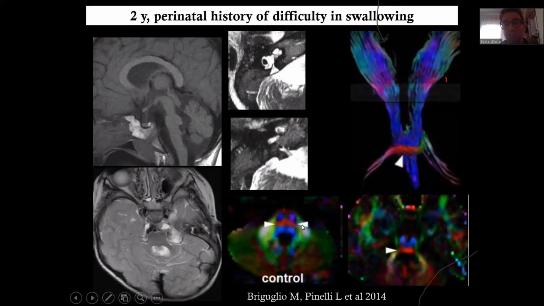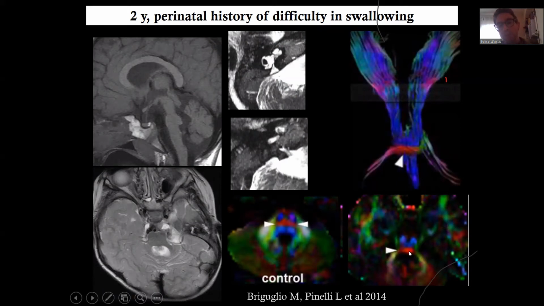You have these transverse pontine fibers that are red, meaning that they are going right to left, between these descending fibers. Everything that is descending down, like the corticospinal tracts here, or the tegmental tracts, is blue. So you have a central red fiber with blue between these descending fibers in blue. Look at our patient.